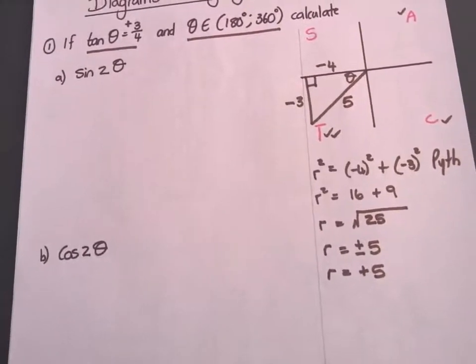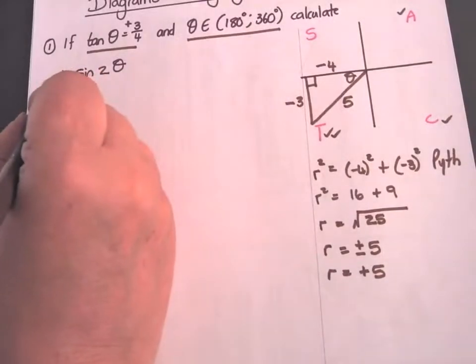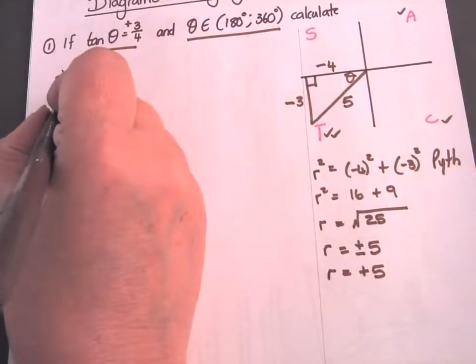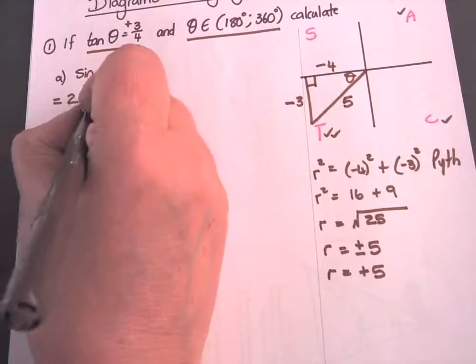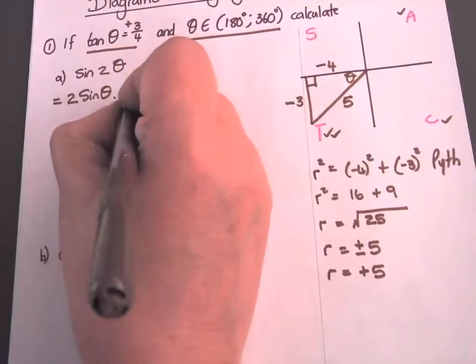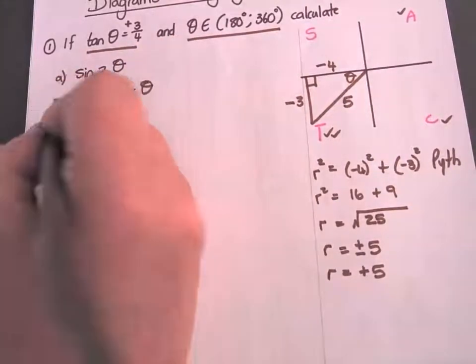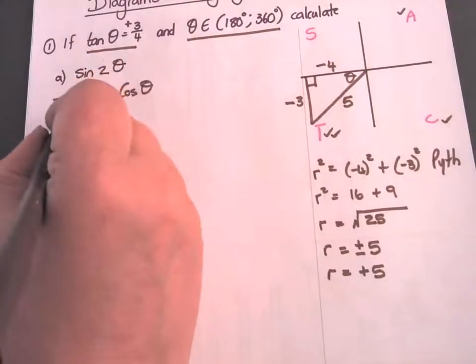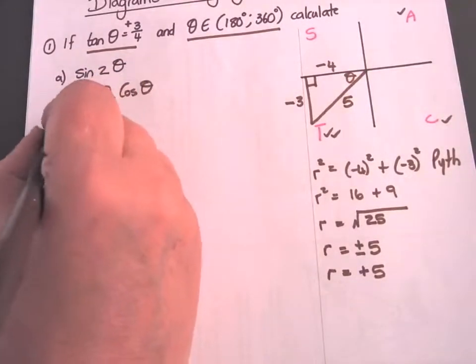The first sum is sine 2 theta. This is a double angle, so we repeat that little recipe for sine 2 theta: 2 sine theta cos theta. And now you just substitute the values. 2 is 2 over 1.